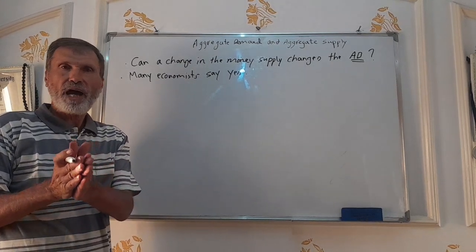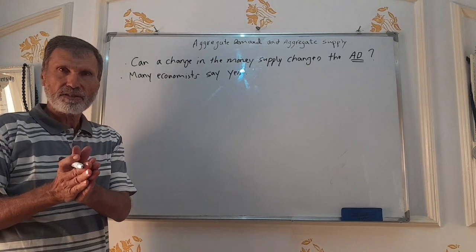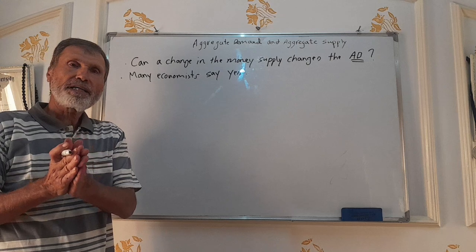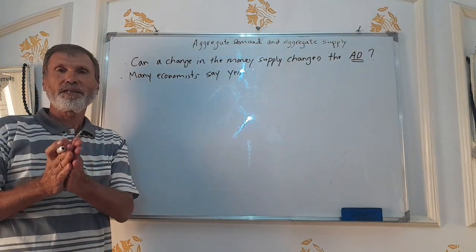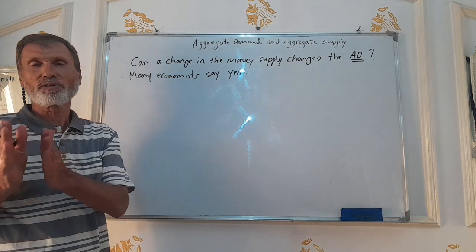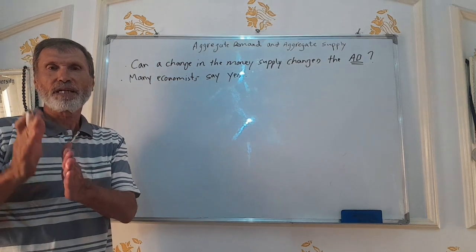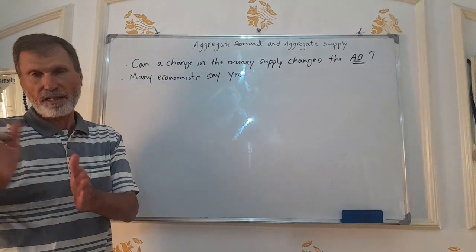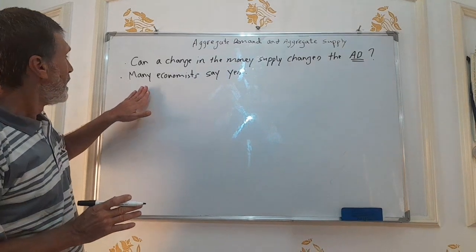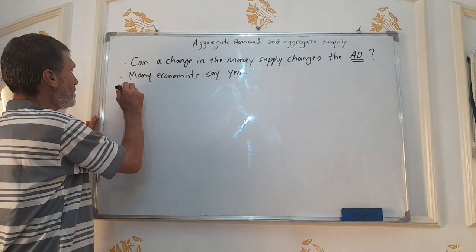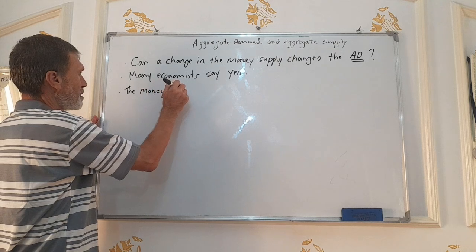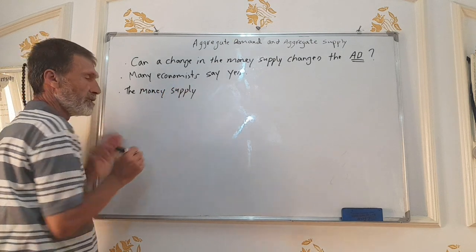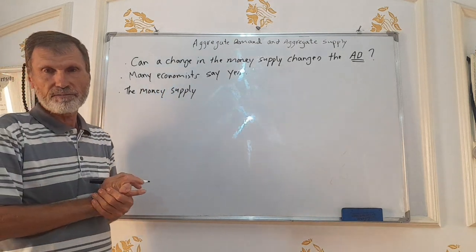So these factors affect aggregate demand indirectly, by affecting consumption, investment, and net exports directly. So the money supply can change the interest rate.